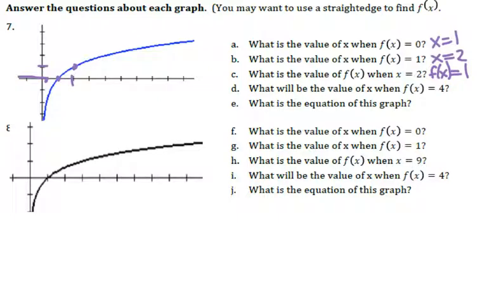What is the value of x when f of x equals 4? If we go up to 4 here, that's what we want to get to. Now this graph isn't very helpful on that, is it? Because we don't go quite that high. But let's take a look. Let's make a table here. When x is 1, then 2, we have 0 and 1.